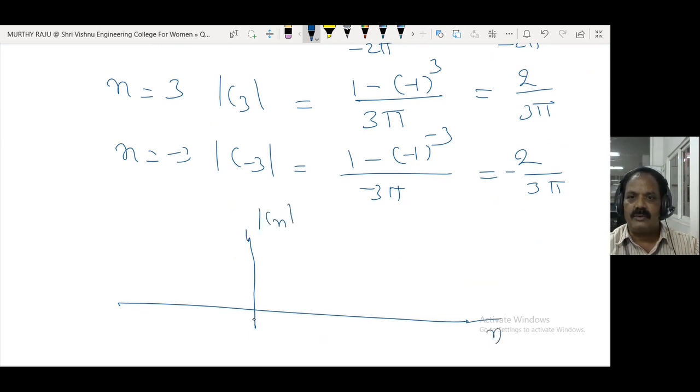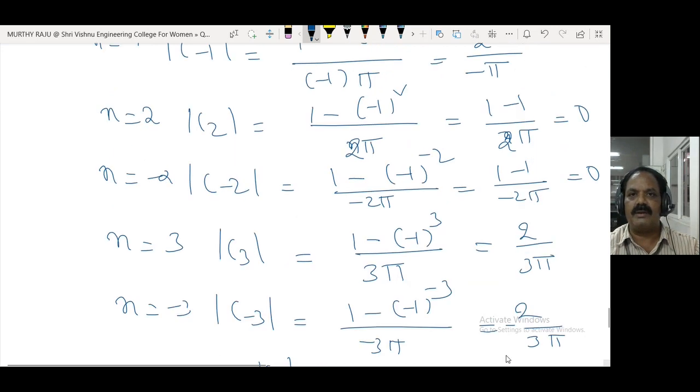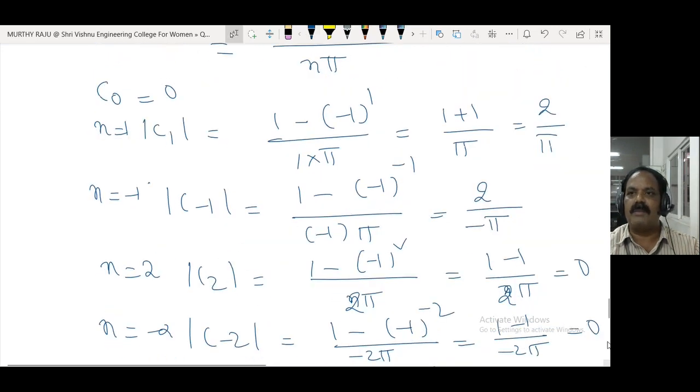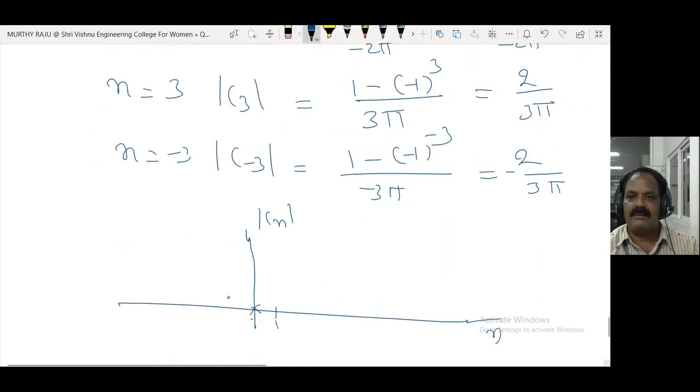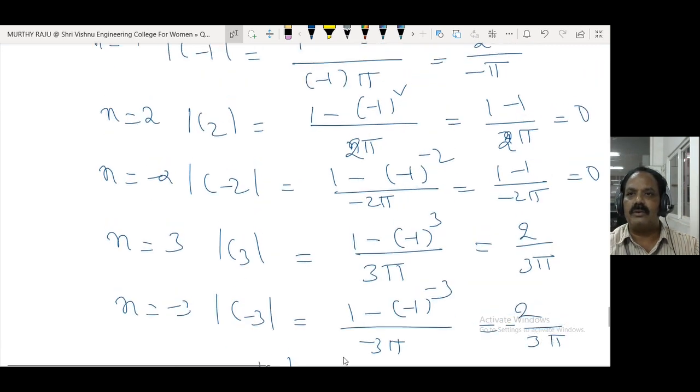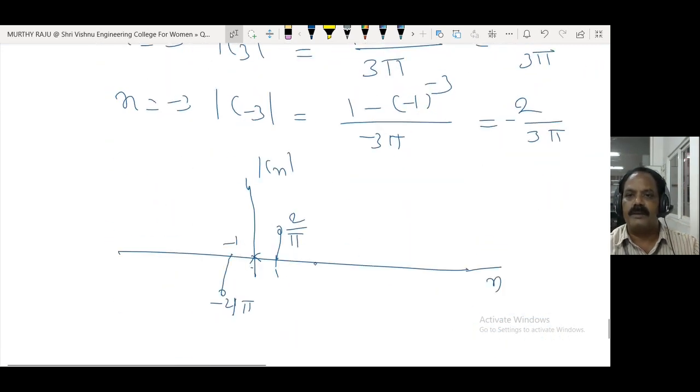Again, n is equal to 0 means 0. Here n is equal to 1, the value is 2 by pi. N is equal to minus 1, the value is minus 2 by pi. For n is equal to 2, the value is 0.